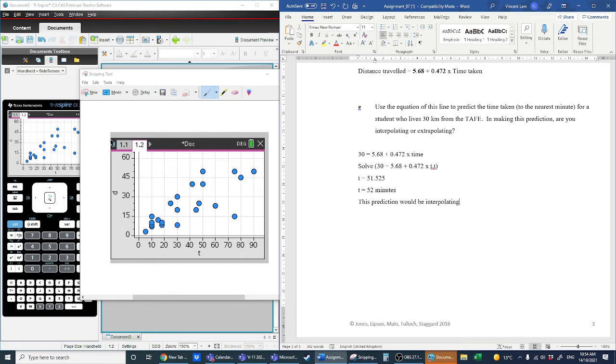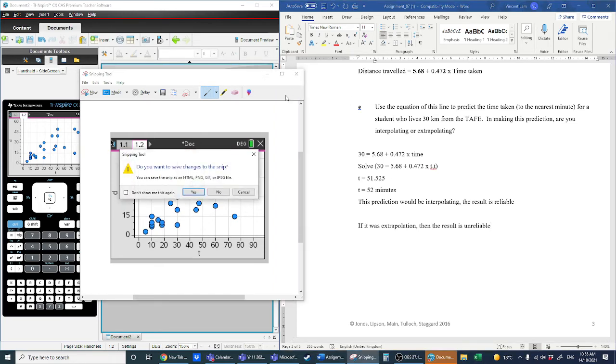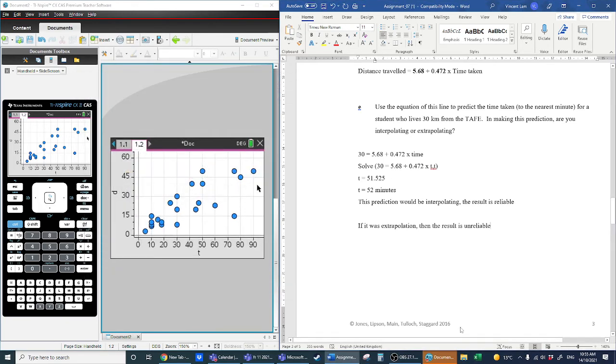Okay. Now, if you're doing interpolating, then the result is reliable. If you're doing extrapolating, then the result is unreliable. Okay, because we're using our equation to estimate something that's outside our data points, and that therefore will be unreliable.